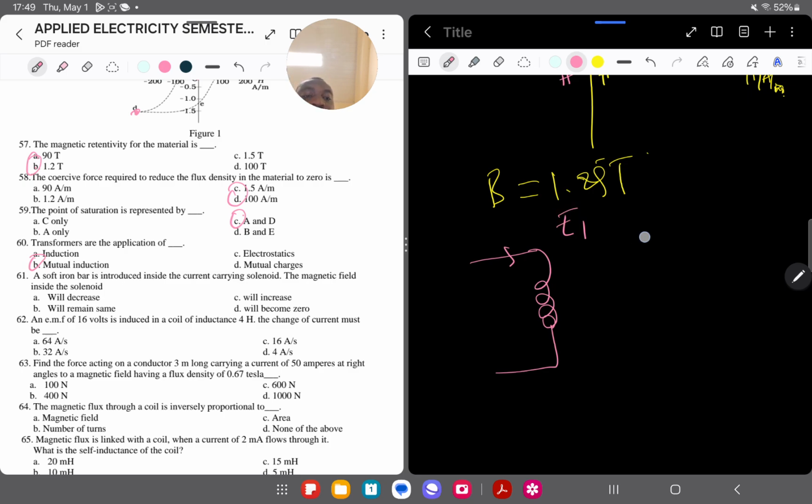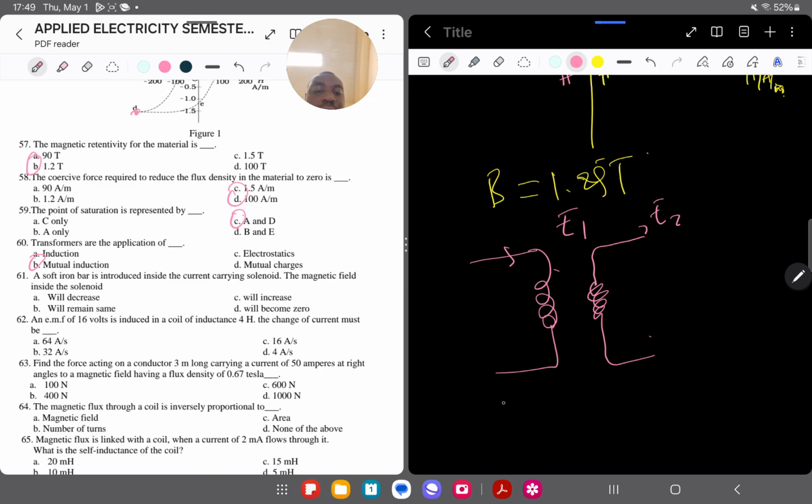Now if we were to bring another coil closer to the first one, voltage is going to be also induced in this one as well, which is E2. So you can see that this is what we term as mutual inductance, right? Meaning the two windings, or the two coils, will give you the mutual inductance.